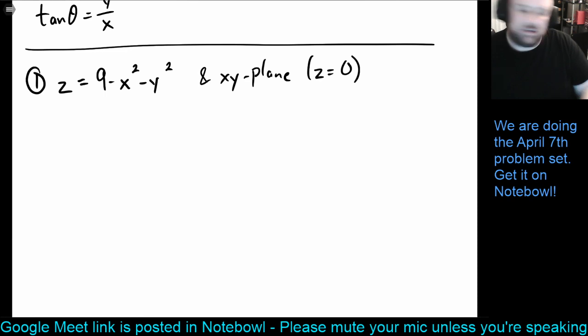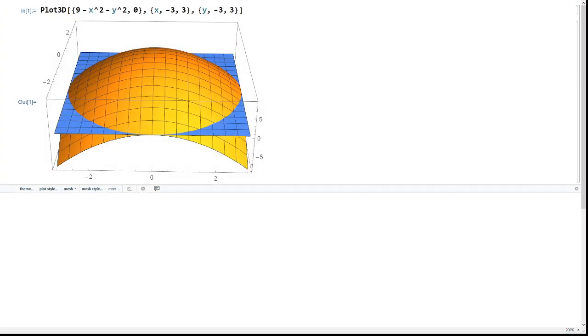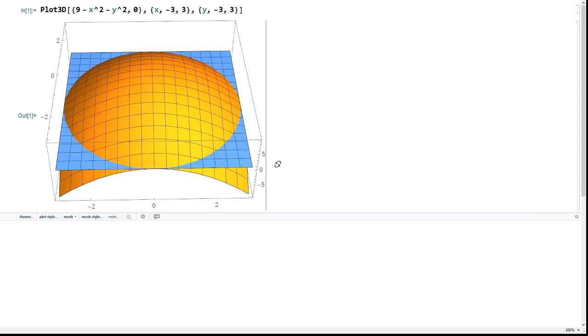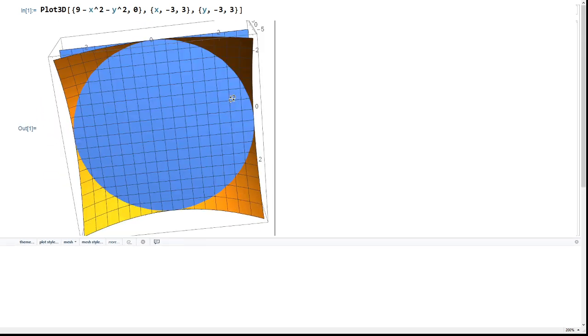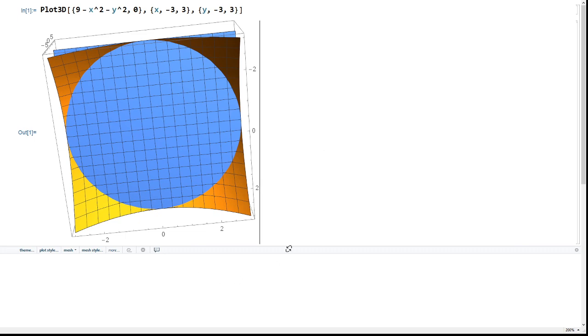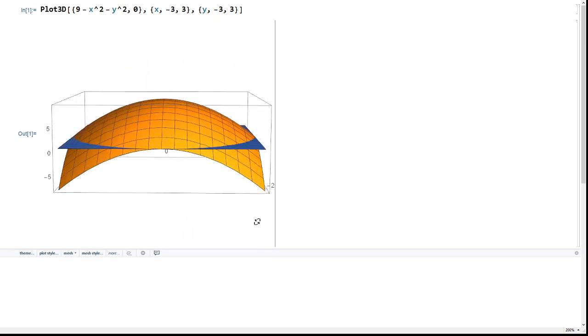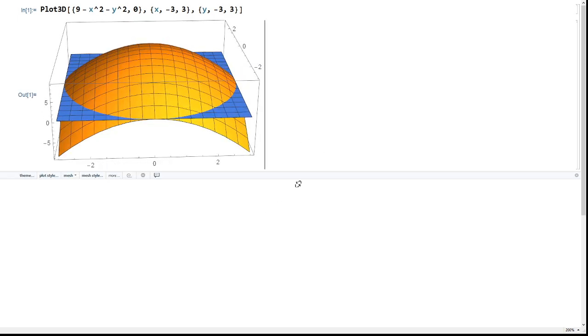Now, one thing I meant to point out back here in Mathematica is to look at the region of integration. The region of integration is going to be this circular region here. The base of this shape is this disk right here. And if you set the two equations equal to each other, you're going to find out that this is a disk of radius 3.